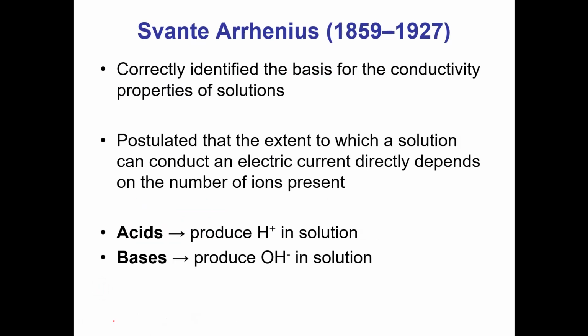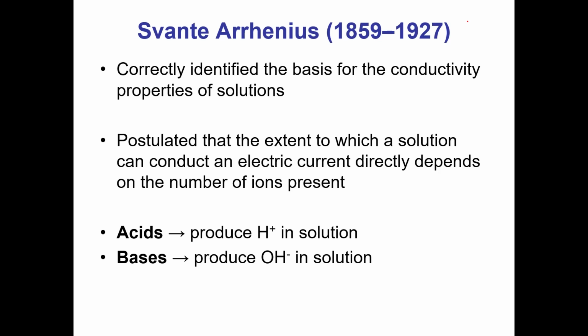So we'll start by talking about acid-base reactions. To do that, we have to define what an acid and a base are. There are a couple of different definitions that we commonly use. The first one is the Arrhenius definition.